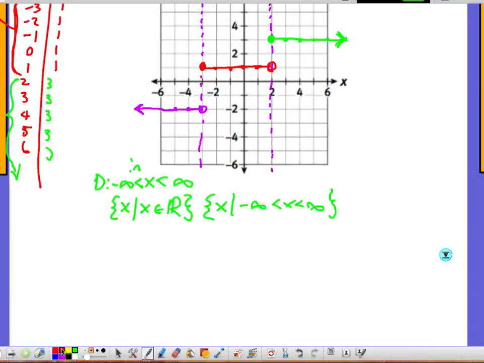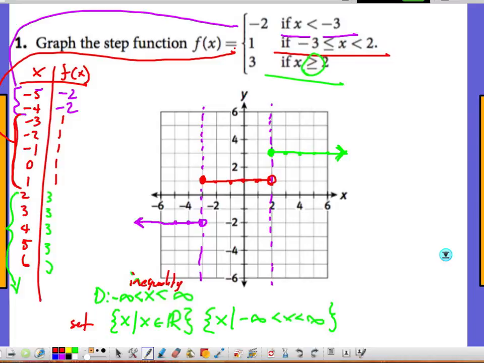We also want to use interval notation. Basically, you take your smallest value, comma, your largest value, and since we have infinities on both sides, we have less thans. That means we use parentheses. So here's the inequality. This is the set notation, and this is the interval.